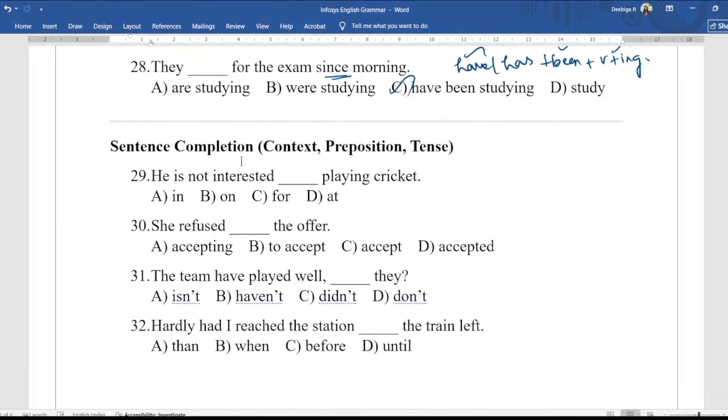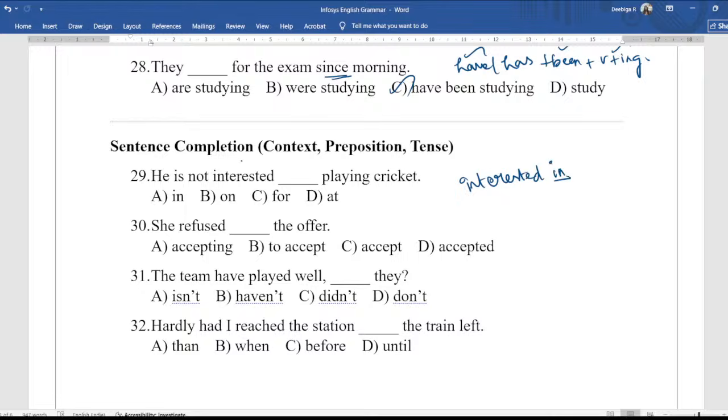Next is sentence completion. You might be asked to complete a sentence based on the context. For example, you have to understand the context and give a proper word, a verb, or prepositions or tenses. This is like the most commonly asked format. He is not interested dash playing cricket. So you have to remember that interested will always be followed by in.